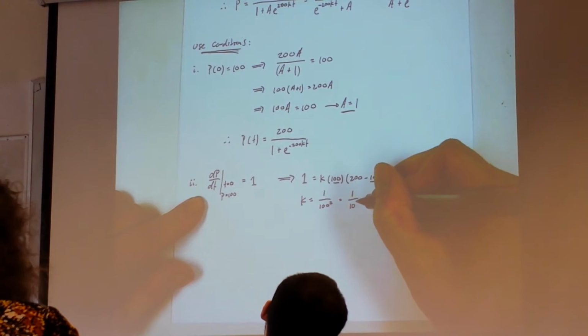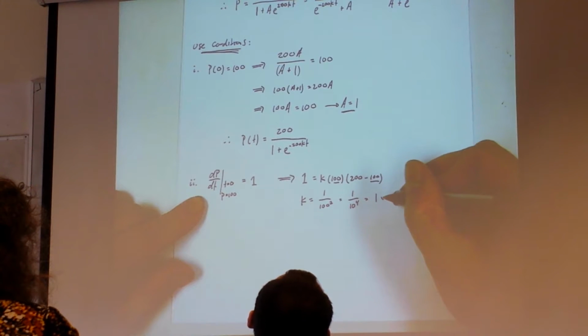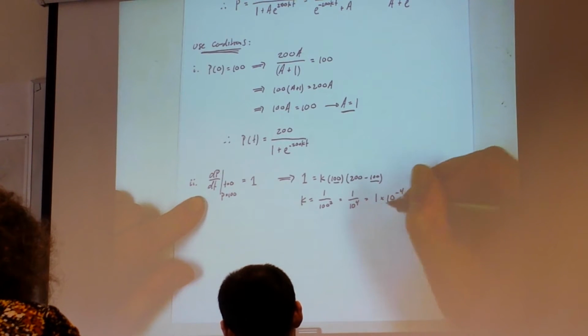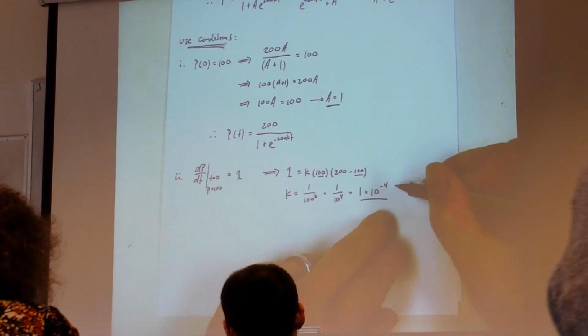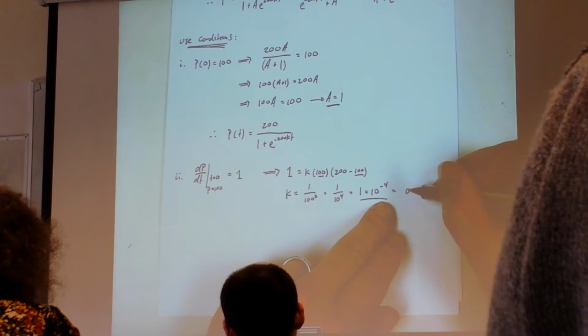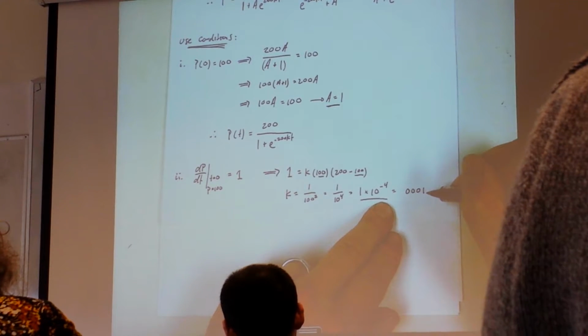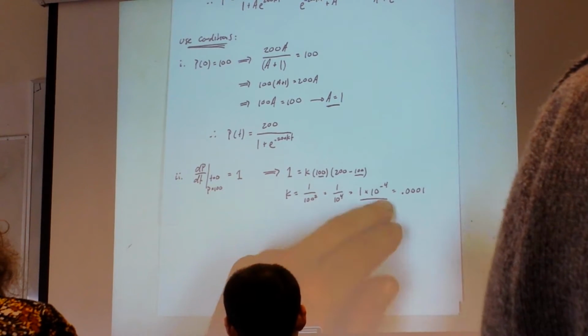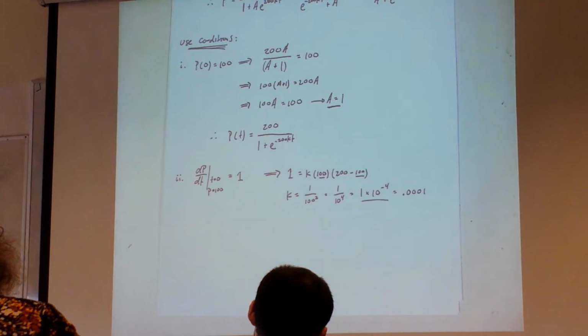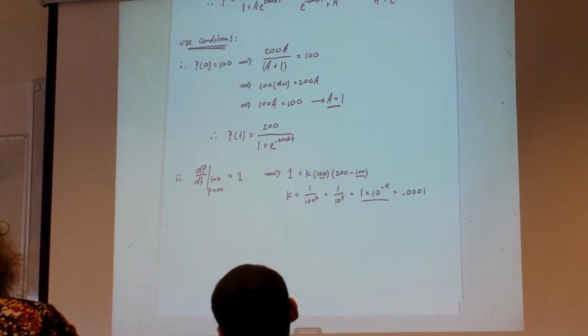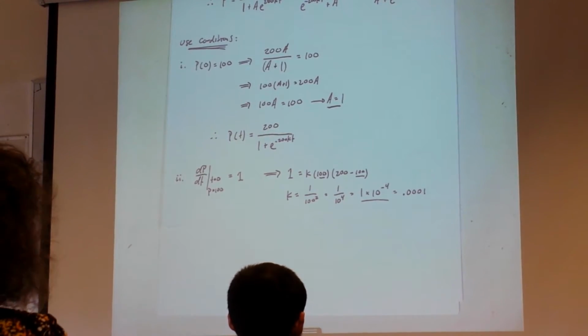I'm just going to do it as 1 times 10 to the negative 4. So that's a bunch of zeros and 1, 1 times 10 to the 1, 2, 3, 4. There we go. So k is very small. All right, so that's our k value.